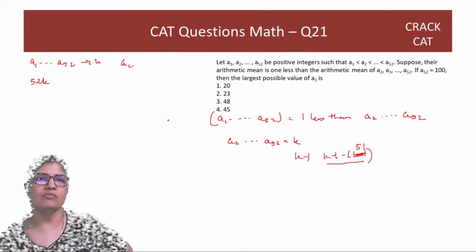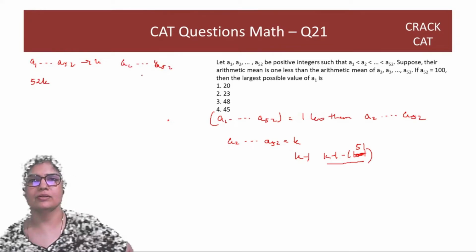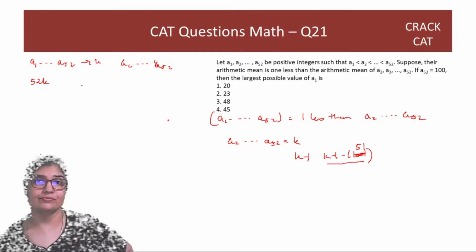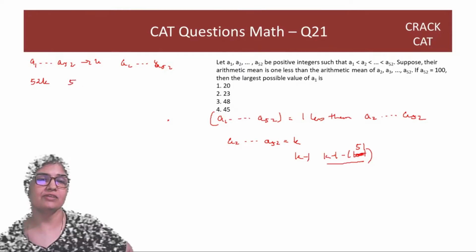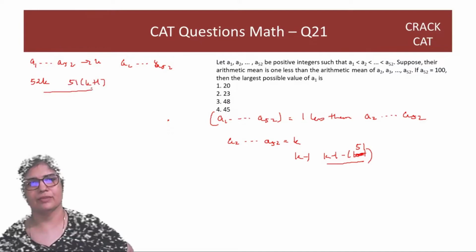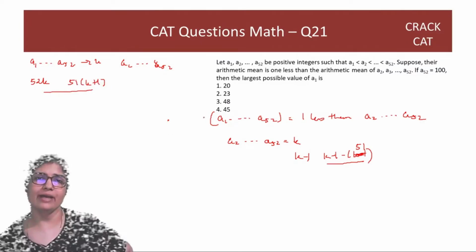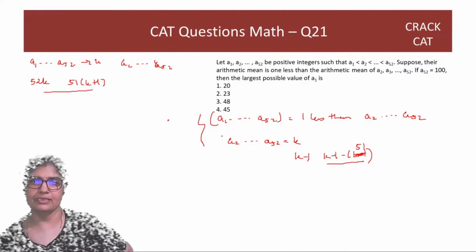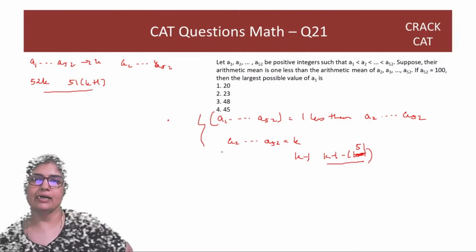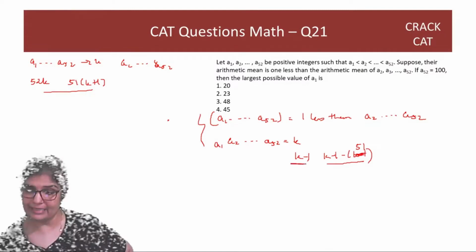And the sum of A2 to A52 is 1 less. So that is 51 into K plus 1. So we can find out the relationship. But what I want you all to understand here is that A1's number will be less than K minus 1.